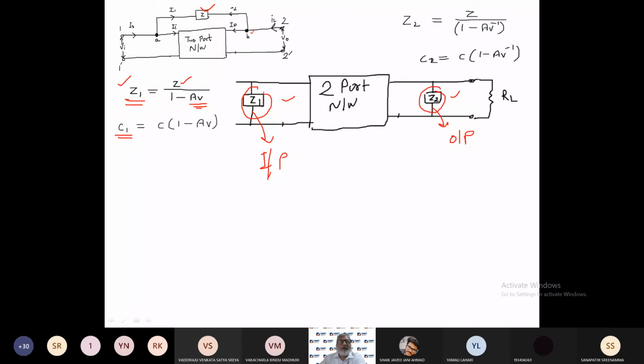Okay, so C1 will be connected here. If this Z is a capacitor, then its value will be whatever is the value of capacitor C multiplied by 1 minus voltage gain.